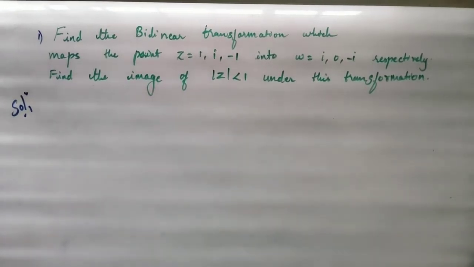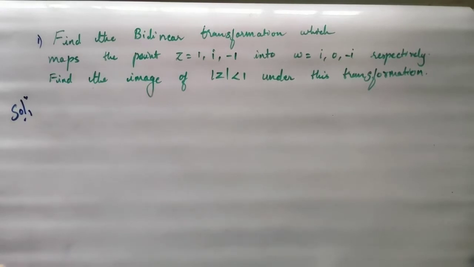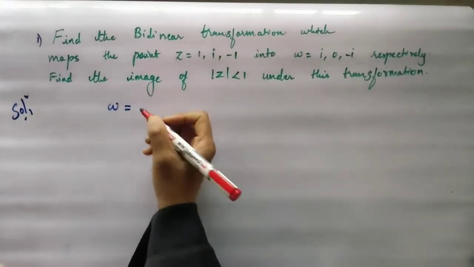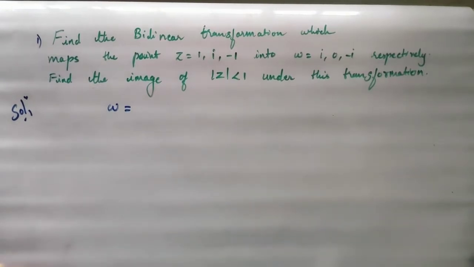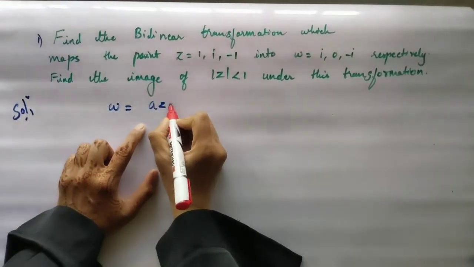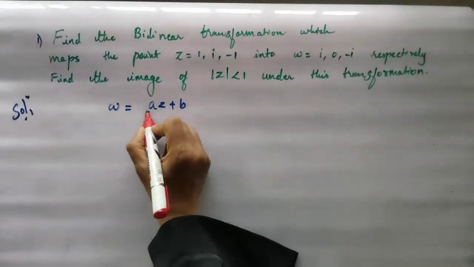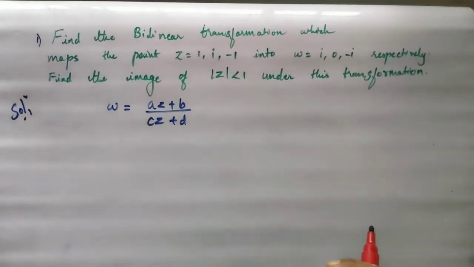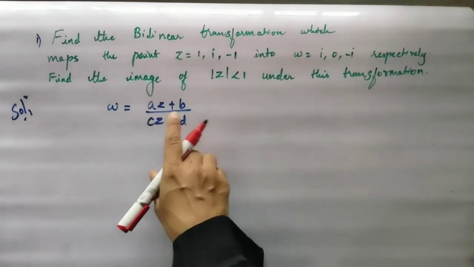It's very simple. You just have to write the standard form of a bilinear transformation, which I hope you all remember from my previous class. So we have w equal to (a z plus b) divided by (c z plus d). This is the standard form of a bilinear transformation, where we have to work for the constants a, b, c, d.